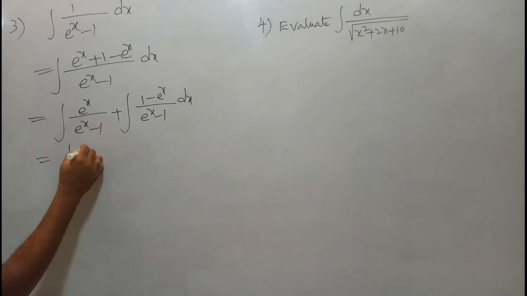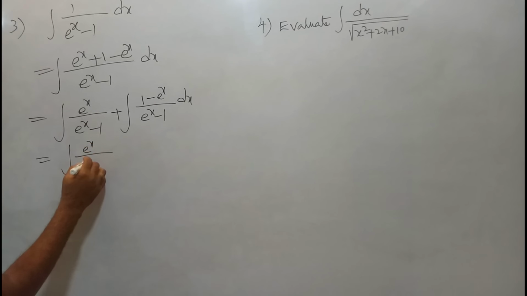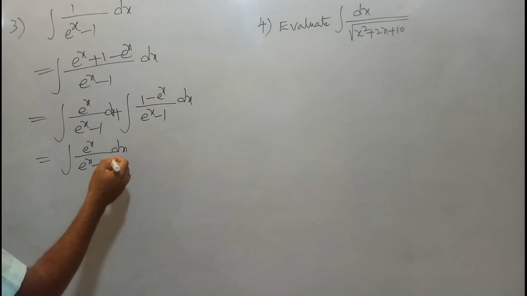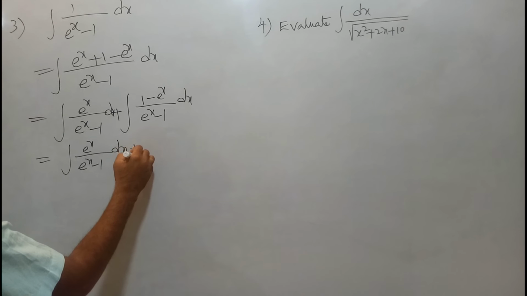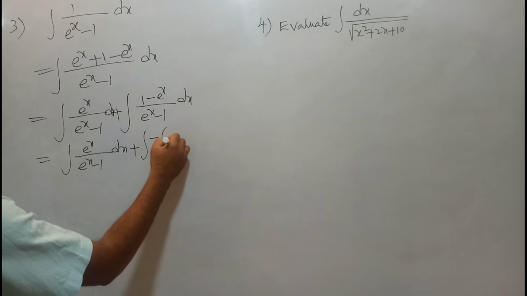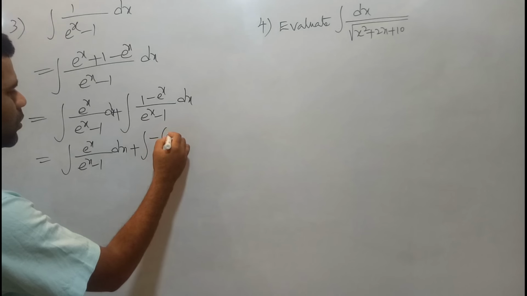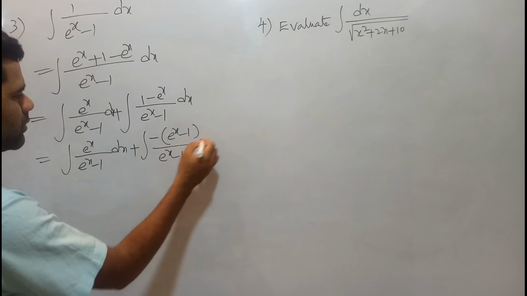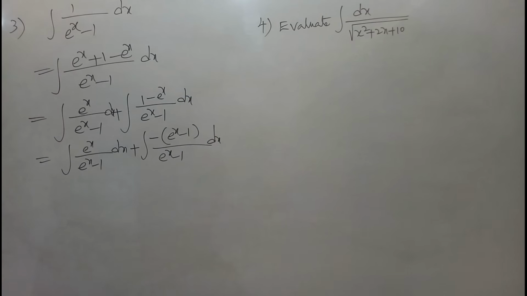Now integral e to the power of x by (e to the power of x minus 1) into dx, plus integral, here I am taking minus common, so (e to the power of x minus 1) by (e to the power of x minus 1) into dx.